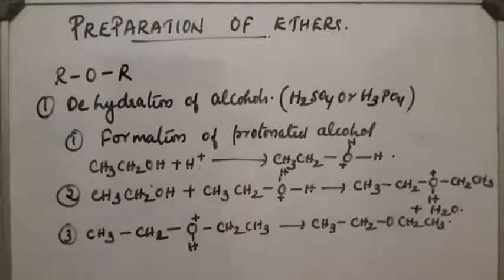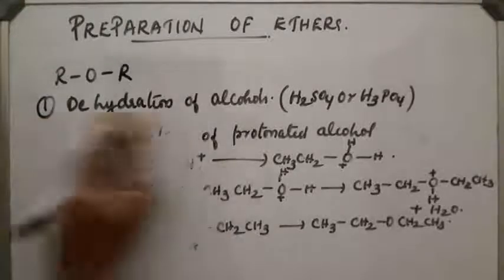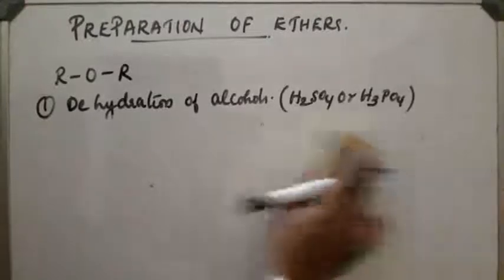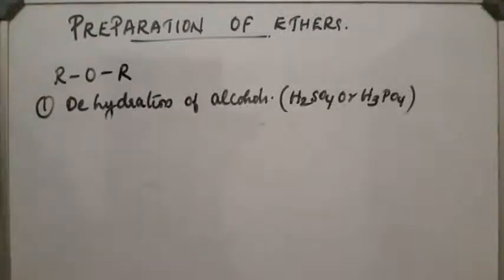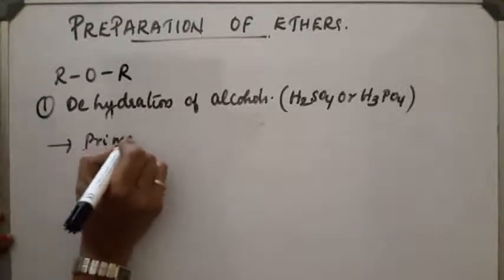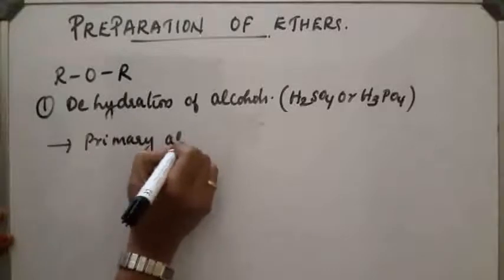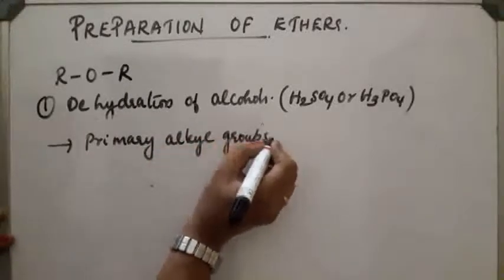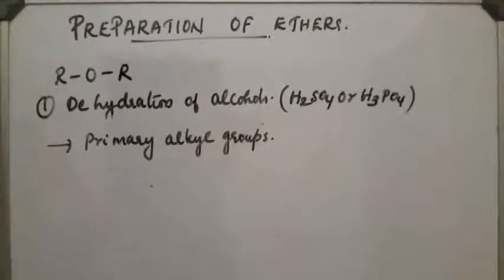This method is more suitable for primary alkyl groups. The SN2 mechanism easily takes place for compounds which have primary alkyl groups. If secondary or tertiary alkyl groups are present, reaction takes place through SN1 mechanism.